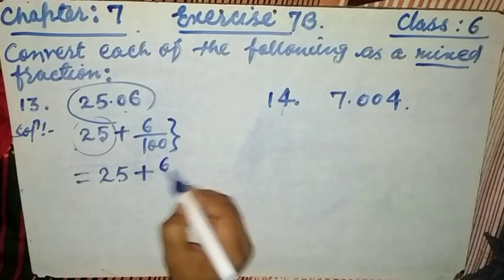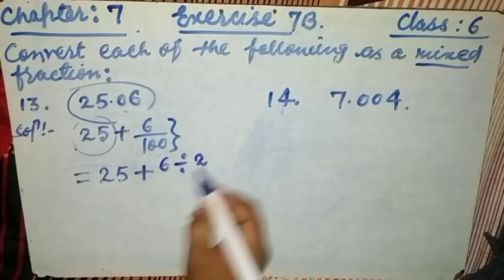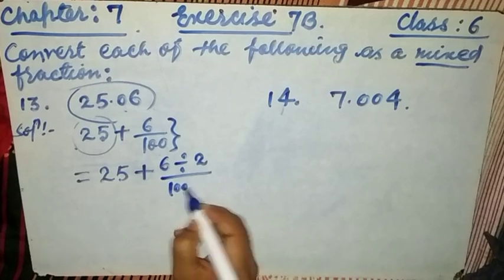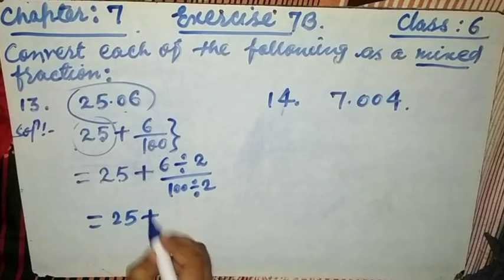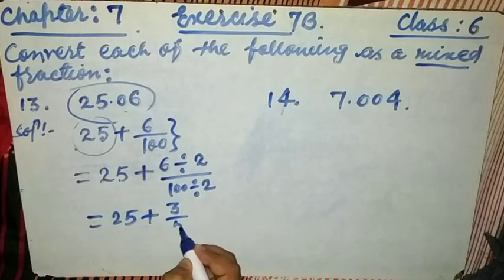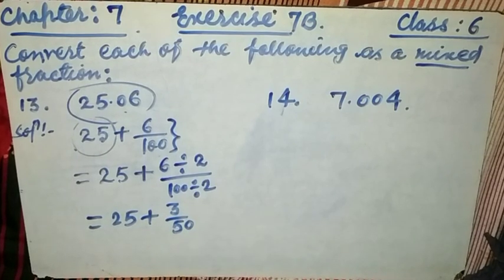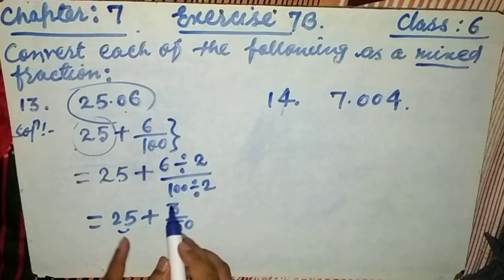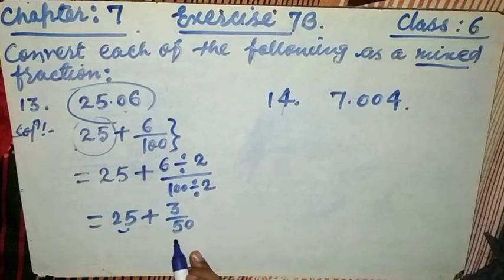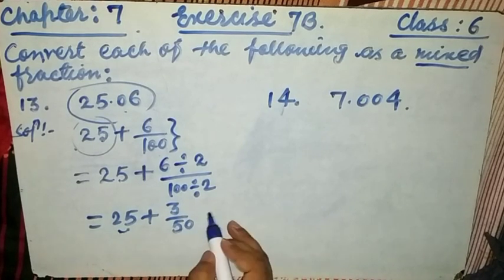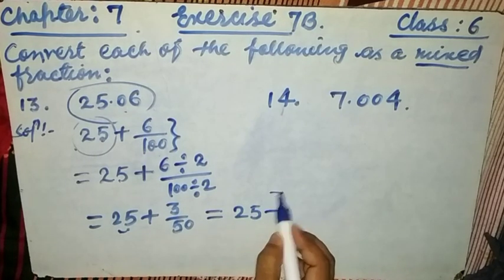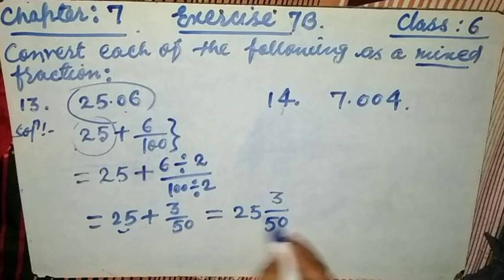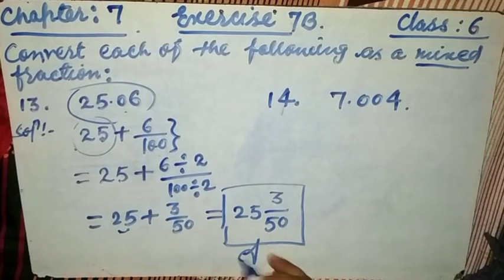So we divide 6 by 2 and 100 also by 2. So 25 as it is plus 3 by 50. Have a look friends, this is a natural number and a proper fraction, so this can be written as 25 and 3 by 50. This is called the mixed fraction, and this is your answer.